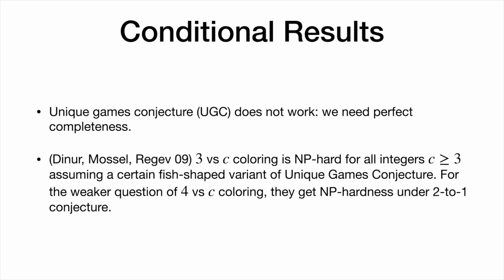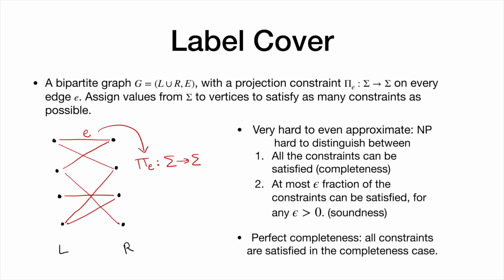So all these conjectures, the unique games conjecture, 2-to-1, or even the fish-shaped variant, are different forms of the label cover problem. So we'll first start off by defining what the label cover problem is. Label cover is a binary constraint satisfaction problem.